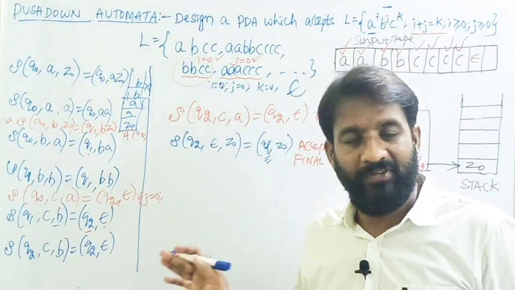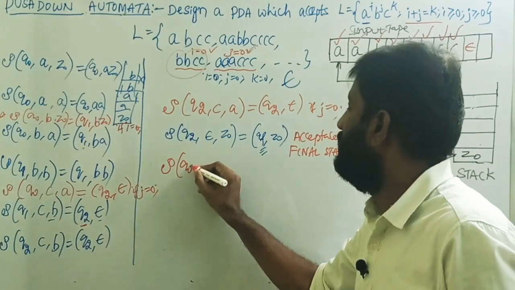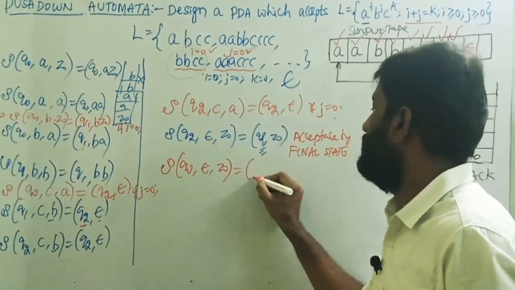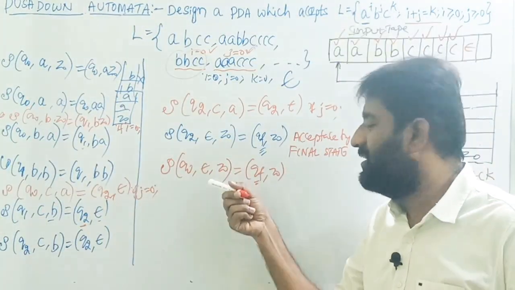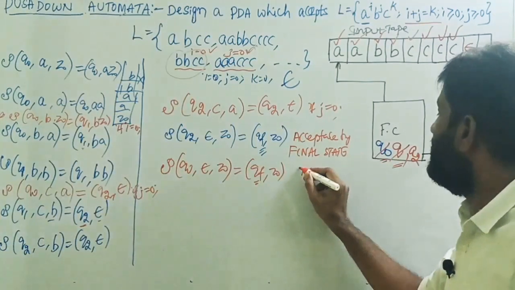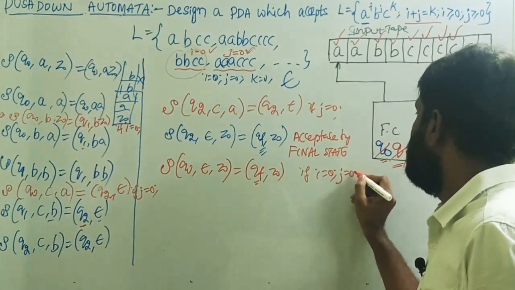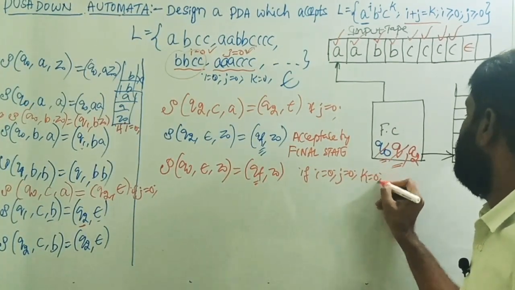For this we have to write one more transition, that is the transition of Q0, epsilon, Z0 equals QF, Z0. Move to the final state from the initial state by reading input symbol epsilon. What is this case? If I equals 0, then J equals 0, and based on this, K is also equal to 0.